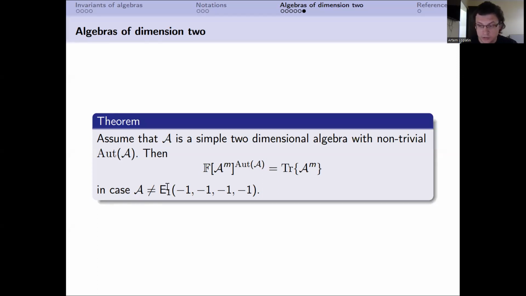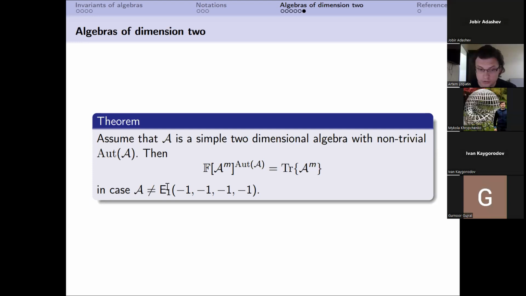People study algebras with traces from the point of view of polynomial identities and some other questions. Here we have other traces, which in general don't have to be commutative or associative.